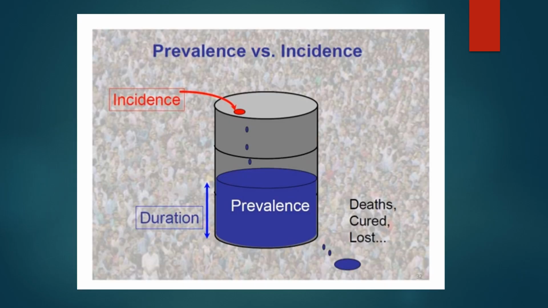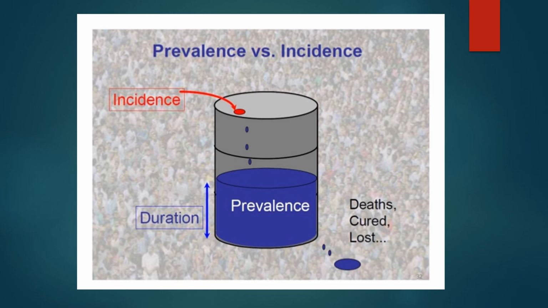This figure shows the relationship between prevalence and incidence. Incident cases are what? Are the new drops coming into this barrel. The higher the incidence, the more liquid will be getting inside this barrel.